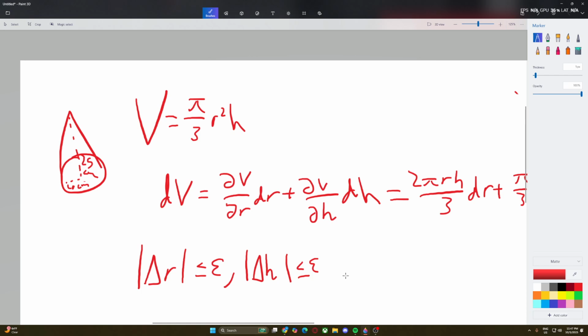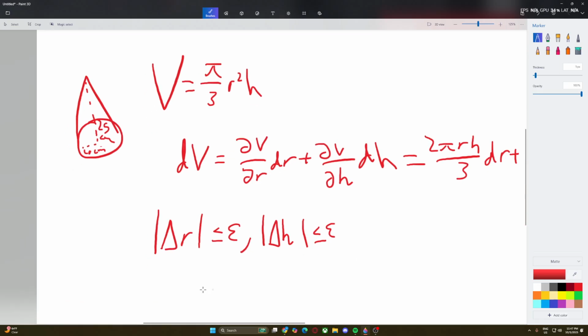So if we take the largest error, we're trying to find the largest error, and so we should also write that dr equals epsilon. This is the largest error change in r can have. So that means dr has to be equal to that.